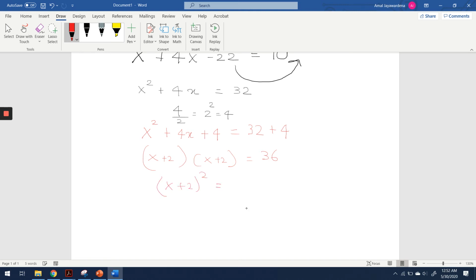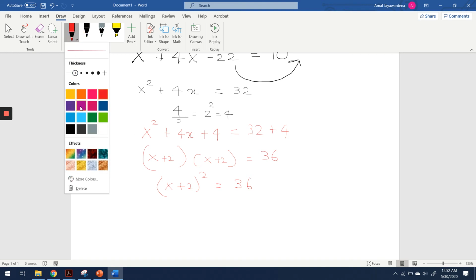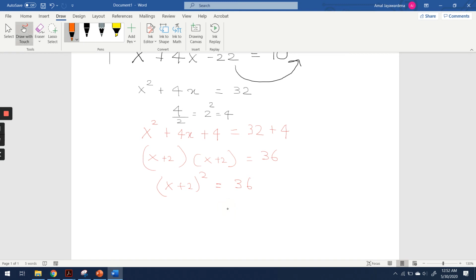squared is equal to 36, and we can take the square root of both sides. If we apply the square root to the left side and the right side of the equation, it does not make a difference.